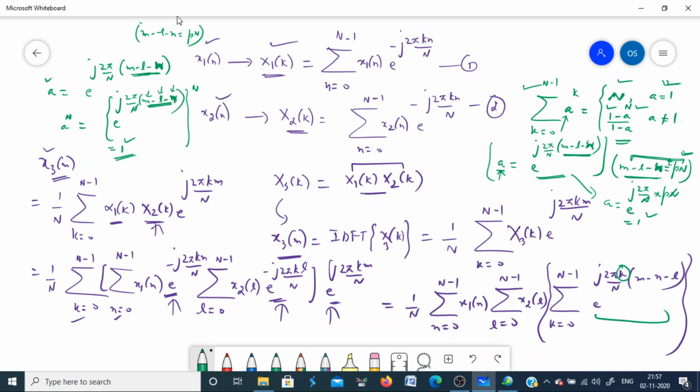When m minus l minus small n is an integer multiple of N. If that is not the case, a raised to power n will always be 1. So I can write this here like this: the summation of k from 0 to n minus 1 of a raised to power k will converge to N when l is equal to m minus n plus Pn, otherwise 0.